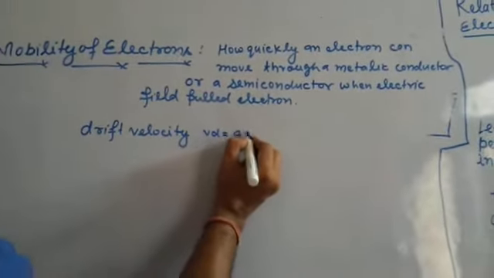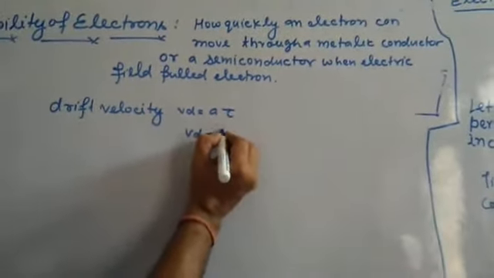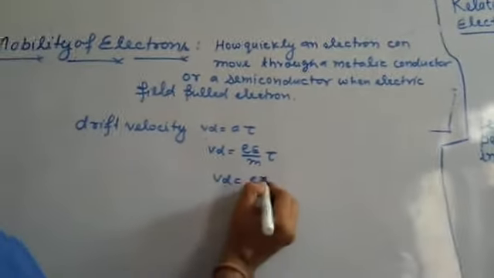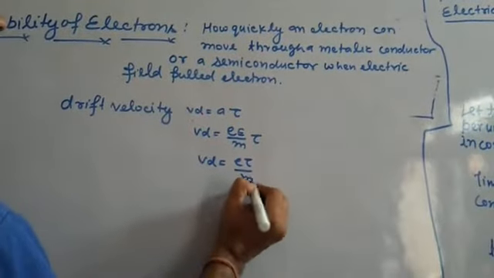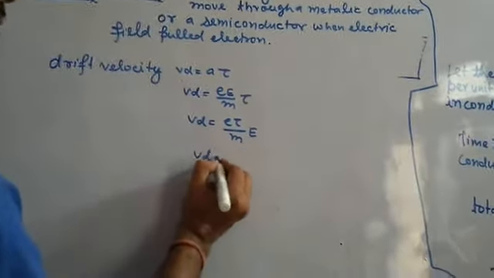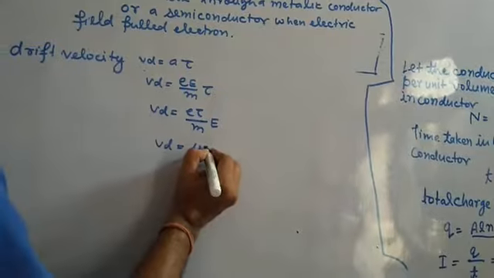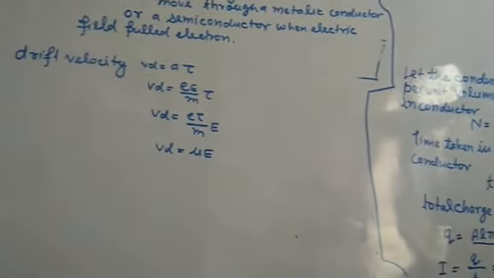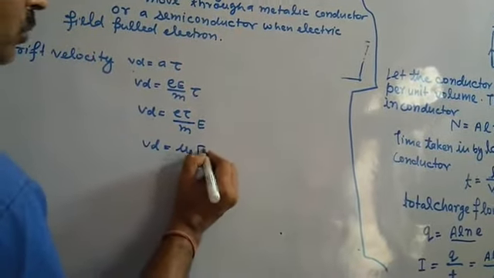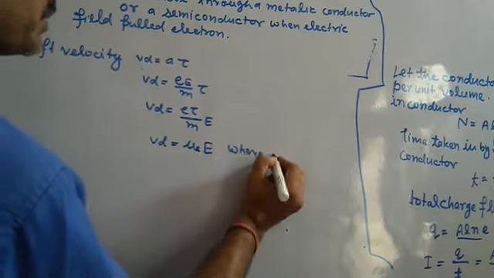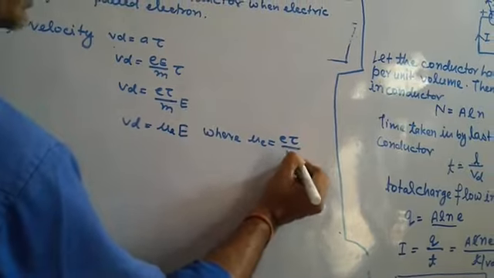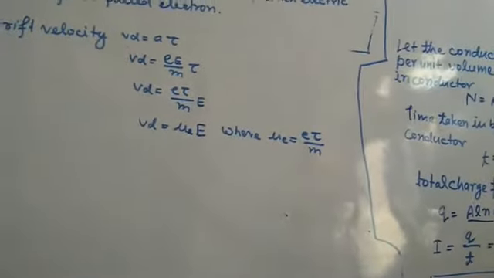Vd equal to a tau, Vd equal to eE upon m into tau, Vd equal to e tau by m into E. This Vd equal to mu e into capital E, where mu e is a constant, e tau by m, for a given conductor.